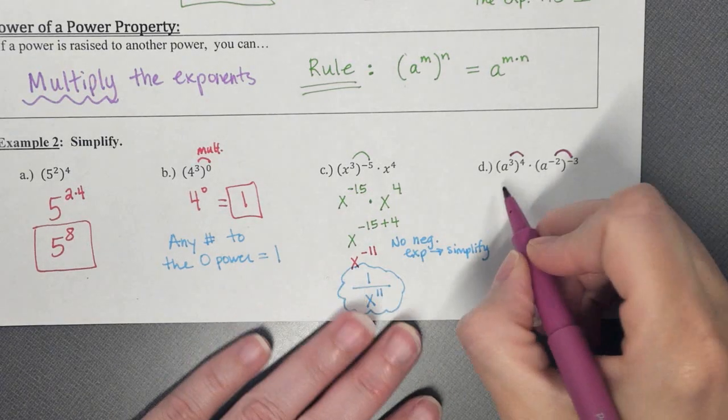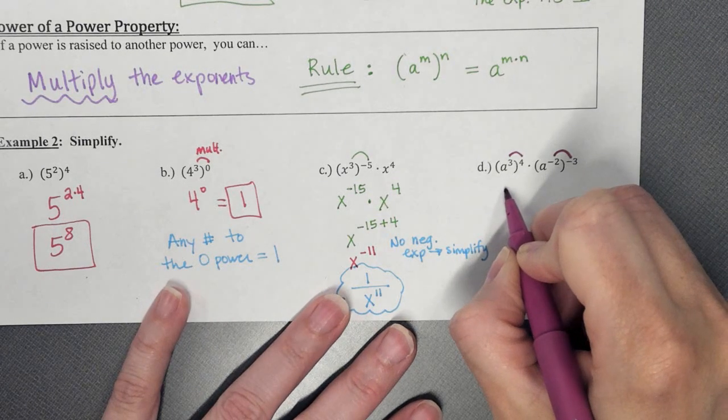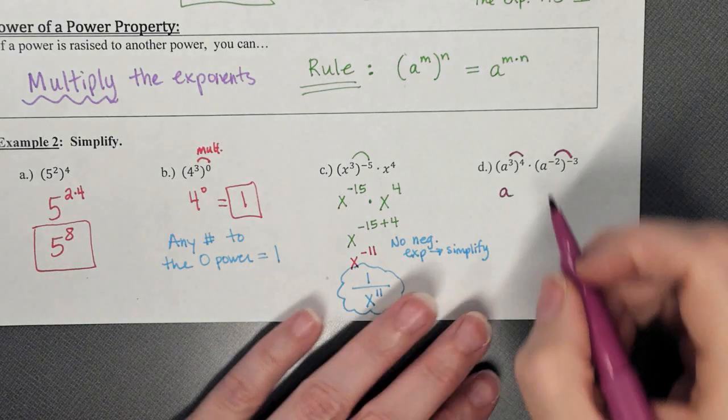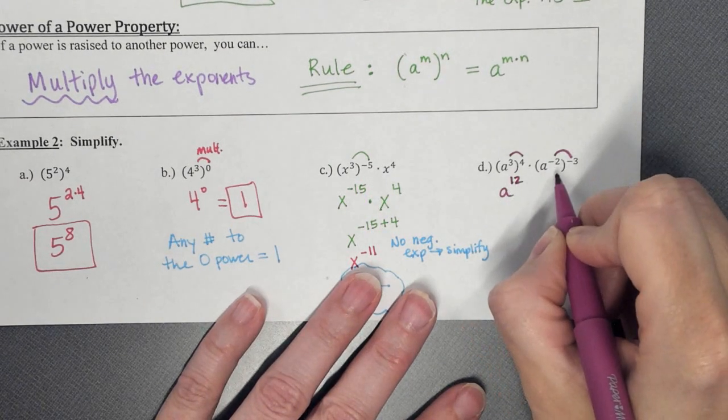All right, and then Bree, can you tell me what you got for this A power of A? Yep, A to the 12th. Okay, and then Avery, what'd you get for this one?